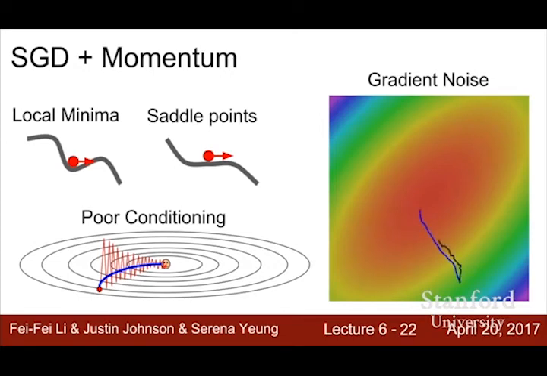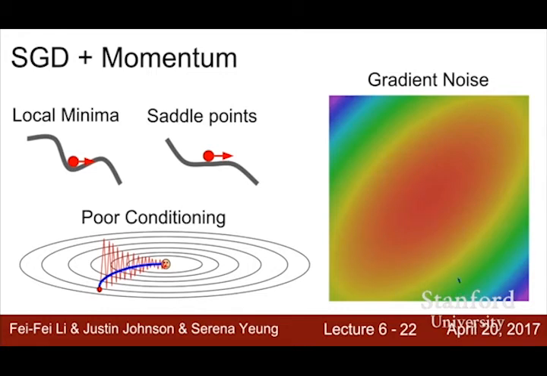So adding momentum here can actually help us with this high condition number problem as well. Finally, on the right, we've repeated the same visualization of gradient descent with noise. And here the black is this vanilla SGD, which is sort of zigzagging all over the place, where the blue line is showing now SGD with momentum.